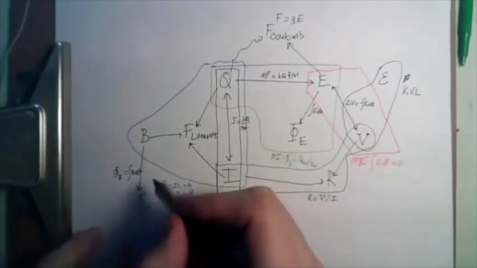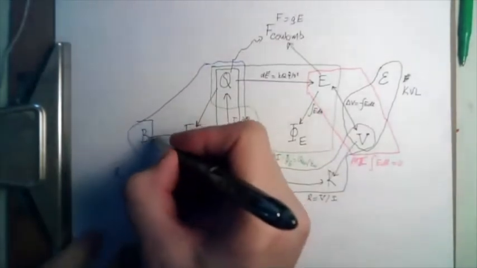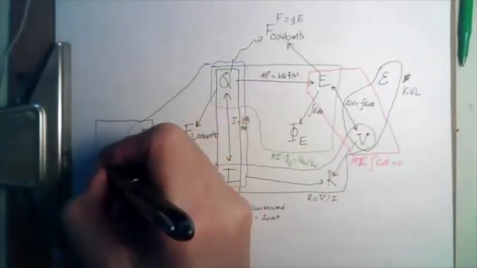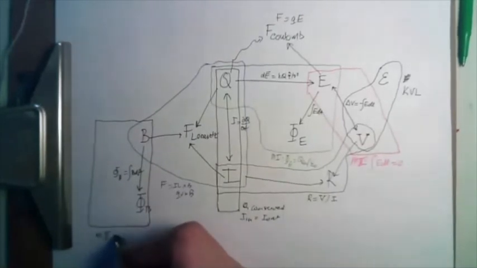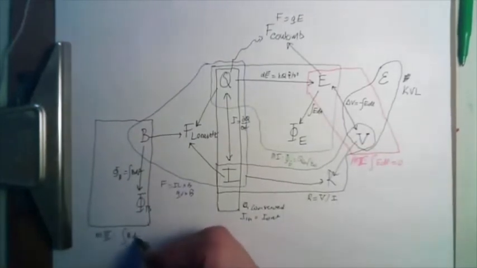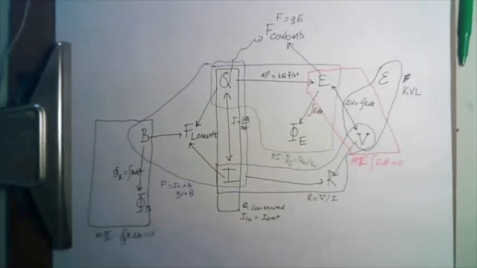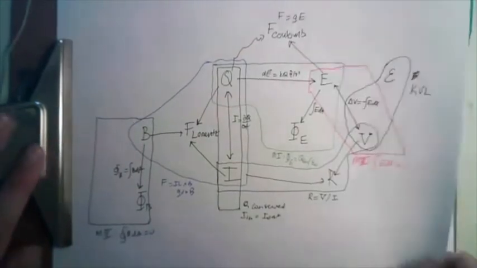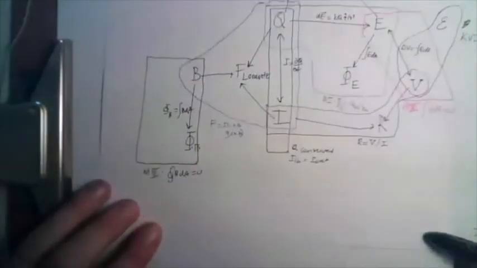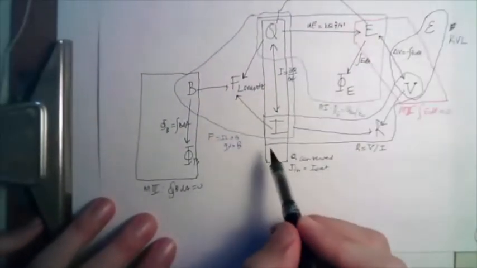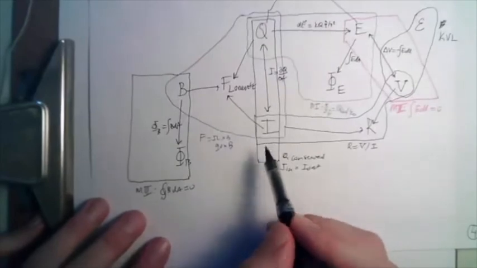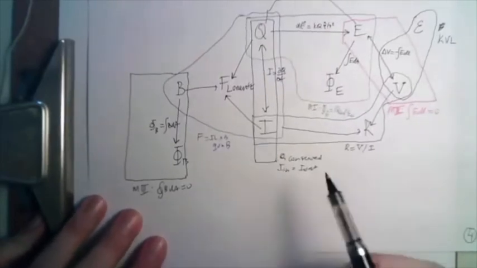And then there's a special case, which is Maxwell 3. The integral of B dA is 0 for closed Gaussian surfaces.